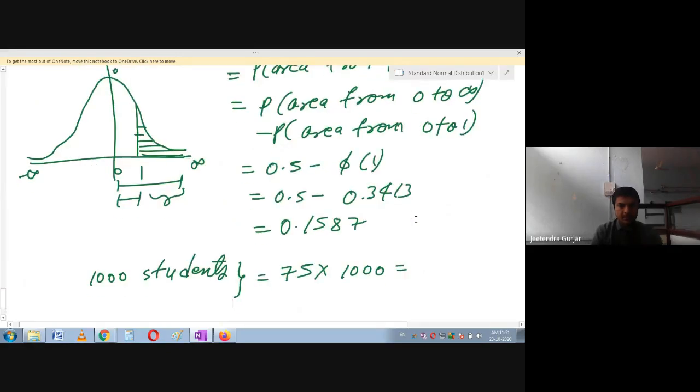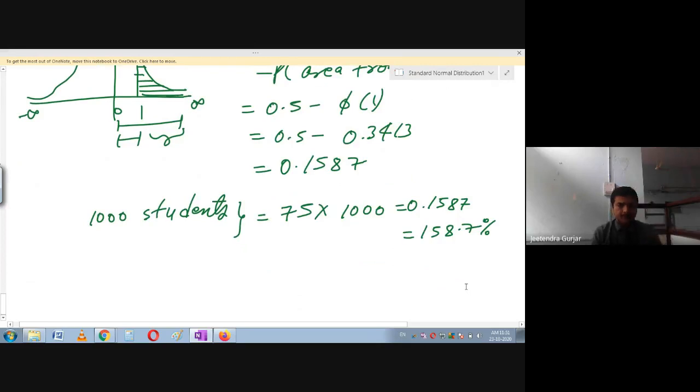But here it is 0.1587, or we can take this as equal to nothing but 158.7 percentage, meaning you are going to divide this by 100. If you just round figure, we are going to get this as 159 students.